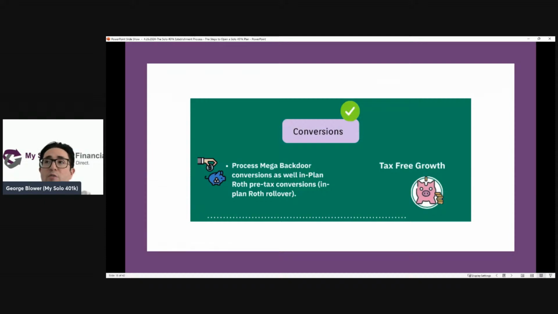Another scenario where a lot of our clients would require a 1099-R is a mega backdoor Roth solo 401k contribution. Because really the way that you make a mega backdoor Roth solo 401k contribution, the way that you're able to get to those very high limits, right? Like I mentioned before, $69,000, $76,500 if you're 50 or older for 2024, where you could end up with that much money in your Roth solo 401k is you're making what's called a voluntary after-tax solo 401k contribution.